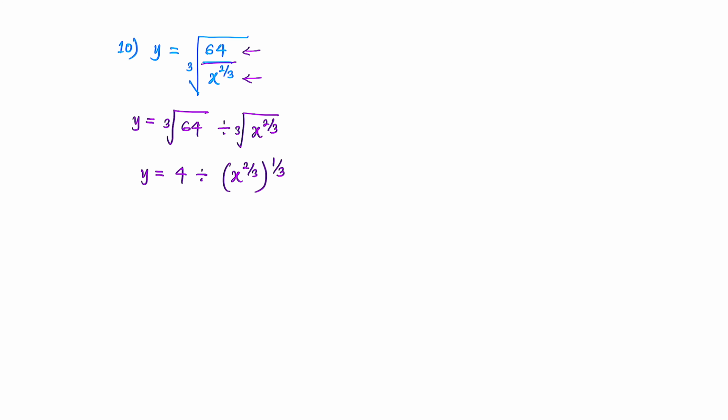How did we do this? Well, this is the rule. If you have x raised to power m, and it is the n-th root, so the n-th root of x raised to power m, that's equal to x raised to power m divided by n.